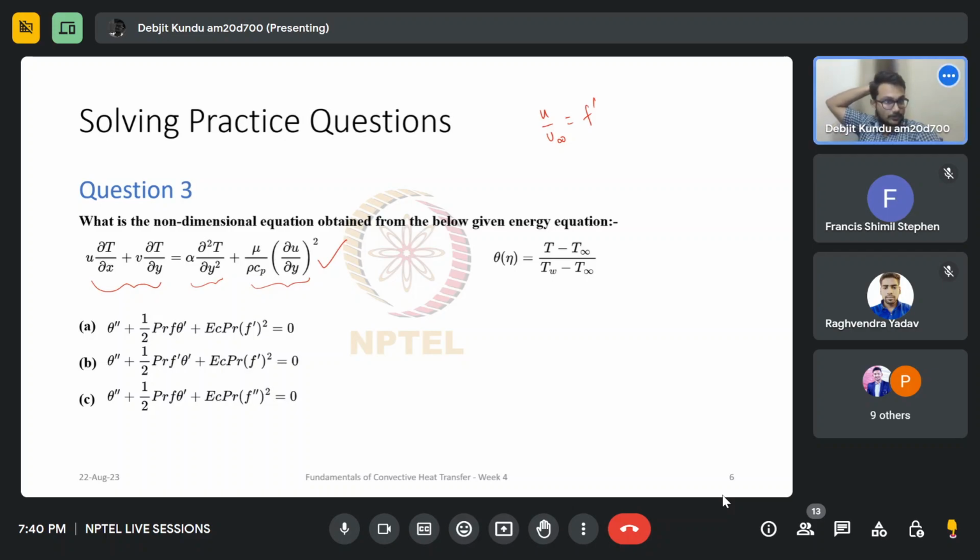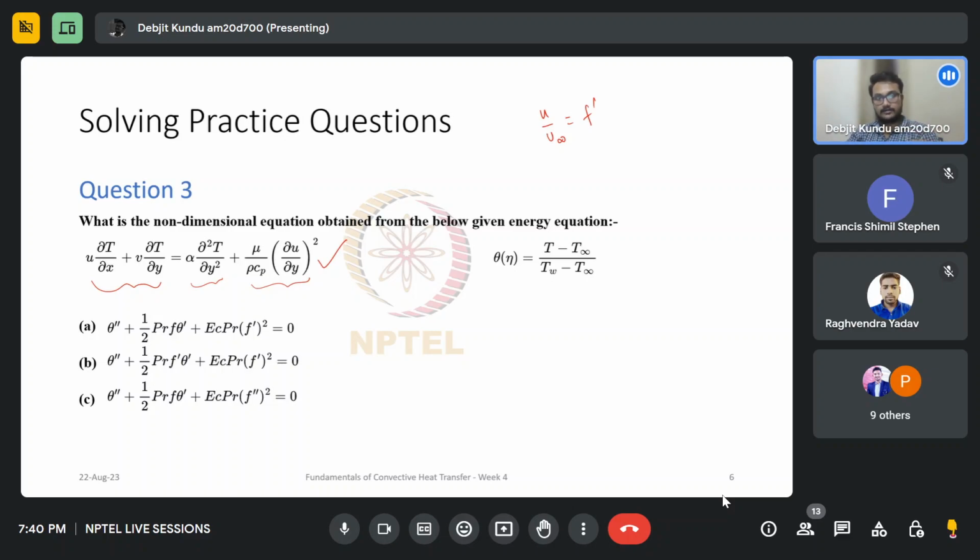Any guesses what it could be? I'm not asking you to fully non-dimensionalize this right now. That would be very involved. But can you make an intelligent guess as to which one it can be? Just looking at the form of each term in the dimensional form as well as in the non-dimensional form.